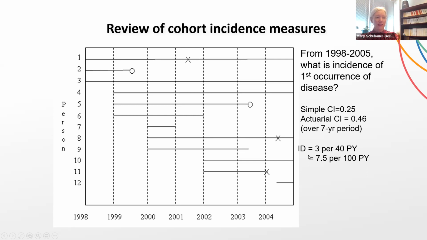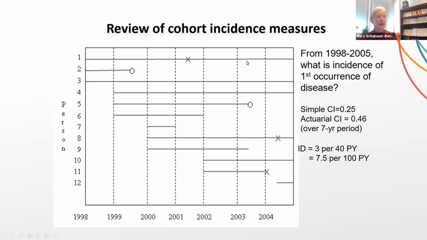The third measure is incidence density, as I mentioned. So how do we calculate incidence density from this example? Well, we know the numerator, it's 3 observed cases, and we have to count the number of person years. So literally we can sit here, and I would invite you to count them. This person contributes 3.5 because they had the event at 3.5 years in.